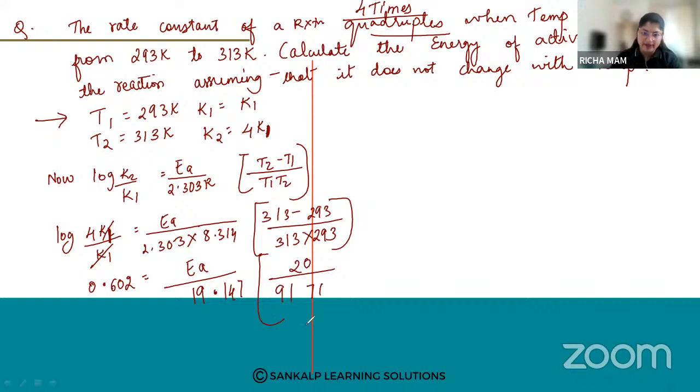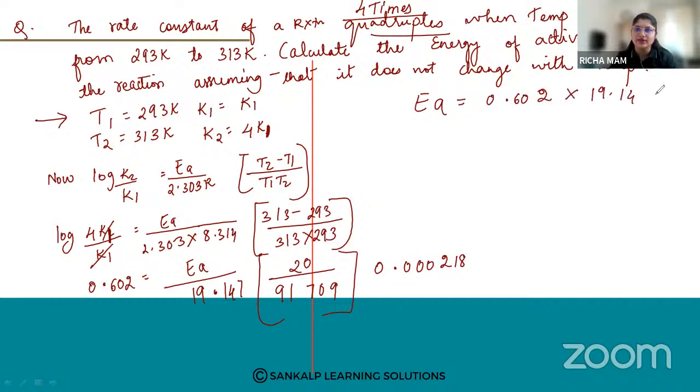So 20 divided by 91,709 is 0.000218. So what we can do here, we can take EA on one side, and this will be 0.602 into 19.147 into 91,709 divided by 20. We can do it like this.